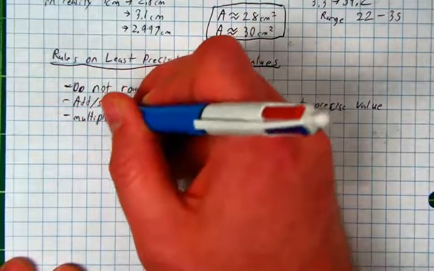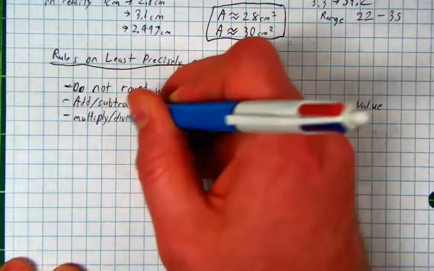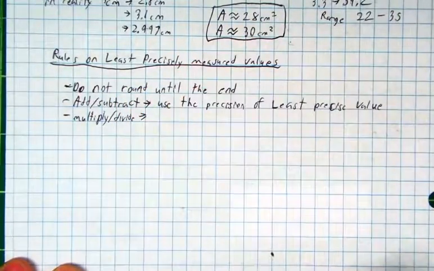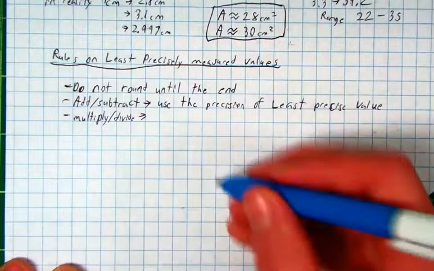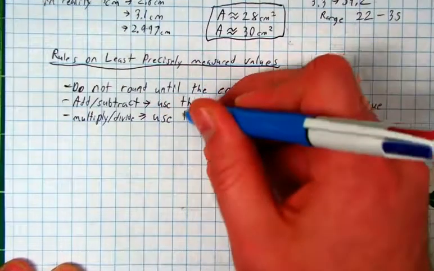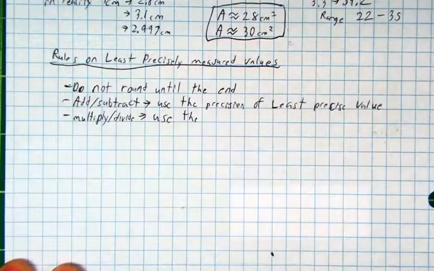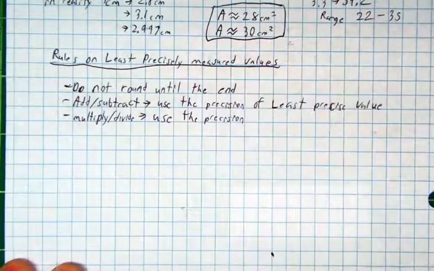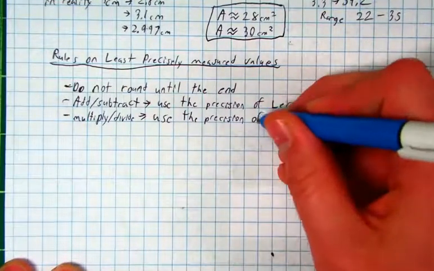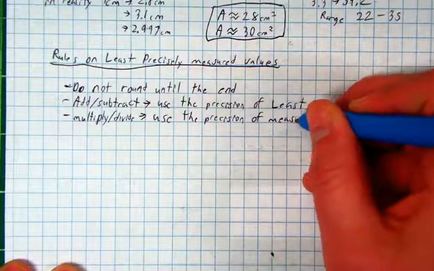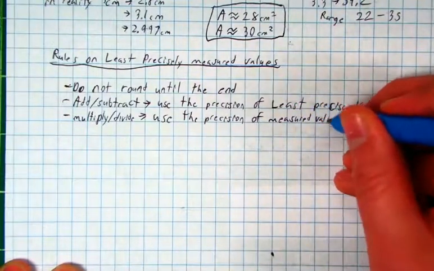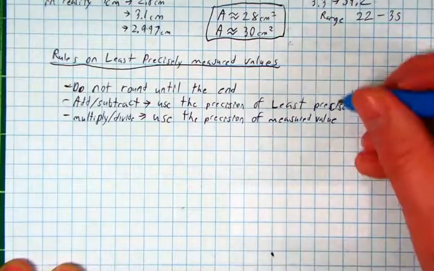All right, and when you're multiplying and dividing, multiply or divide, you use the precision of the measured value with the least number of digits.